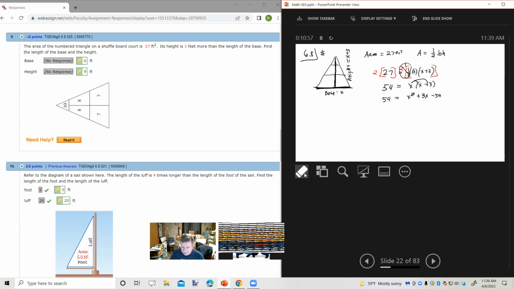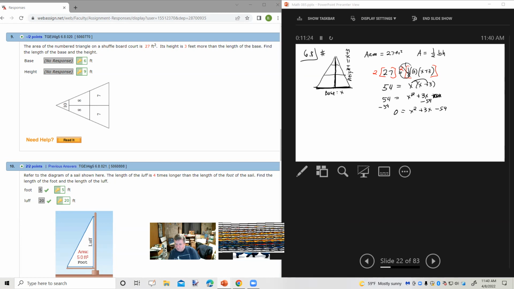All right, let's see here. So, I believe it would have been this, right? Then I would have subtracted 54 from both sides. So 0 equals x squared plus 3x minus 54.